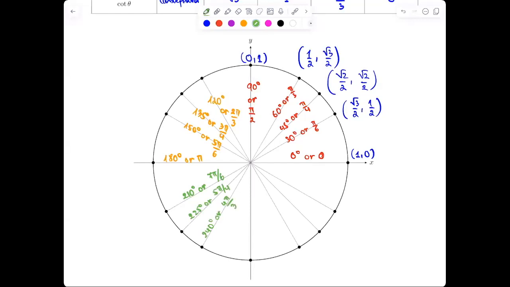Or this is 4 pi over 3. And from 180, you add 90 degrees, then you get 270 degrees. Or 3 pi over 2.